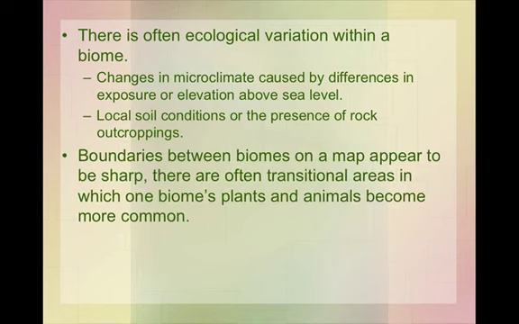Boundaries between biomes on a map appear to be sharp. There are often transitional areas in which one biome's plants and animals become more common. So in order to actually give you a better picture of where the different biomes change from one to another, they draw lines on a map.